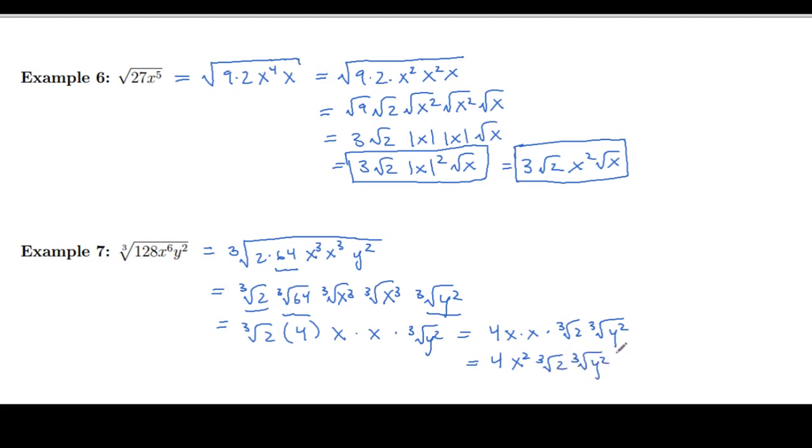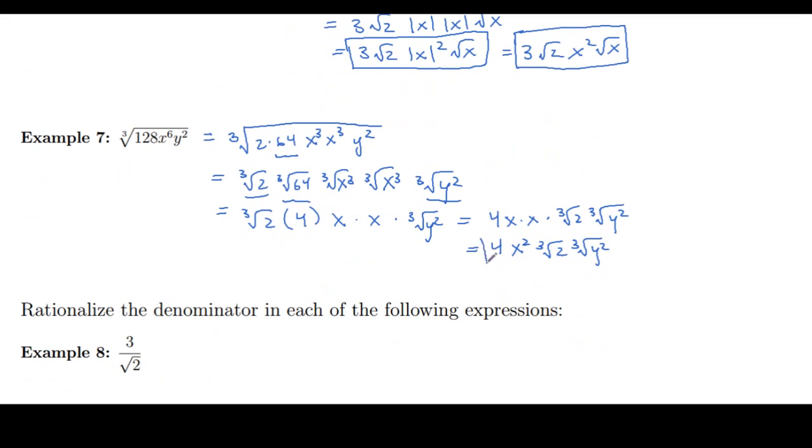So that's acceptable, okay? So we could box that, but it might actually be better to leave this expression as one cube root. So that would be 4x squared cube root of 2y squared. Just combining these two together, all right? And that looks pretty good.